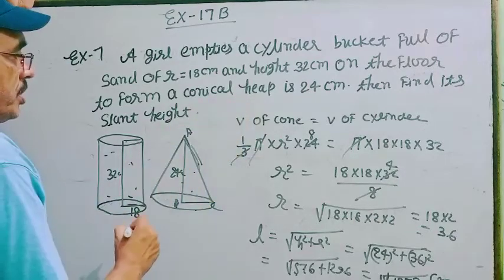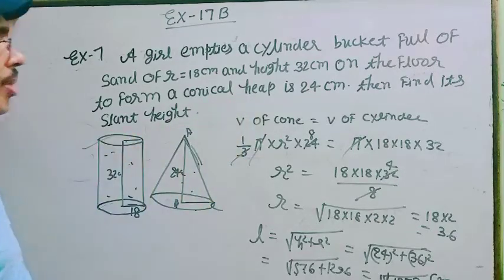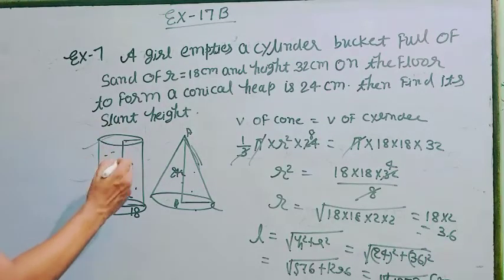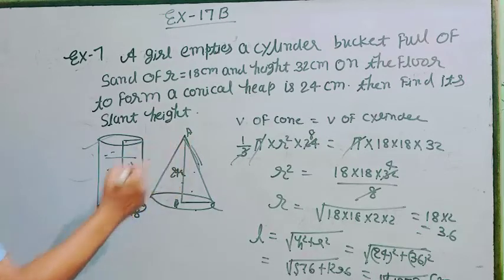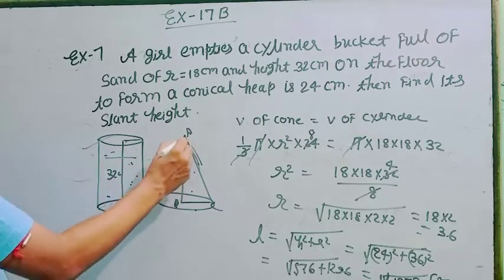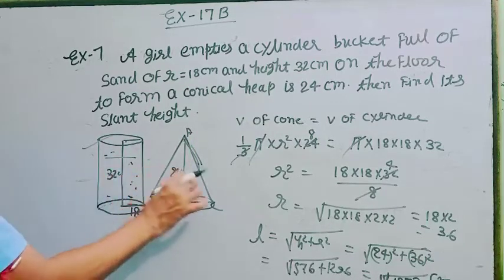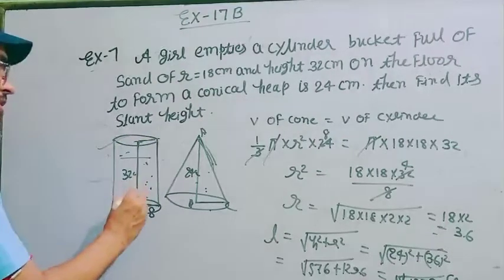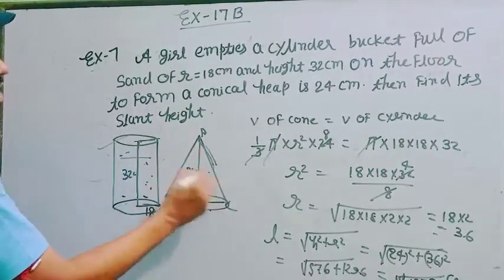So dear friend, this question is related to volume, that the volume of sand after emptying this bucket made a cone. Then it is clear that the volume of sand is equal in both. Both are made from the same sand. But here the sand is in the shape of a cylinder, and now it is in the shape of a cone.